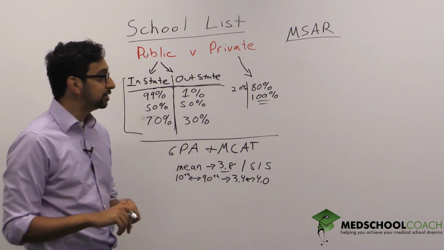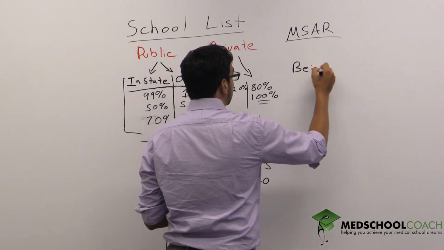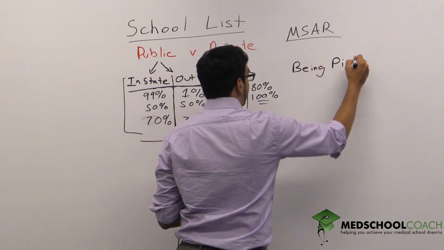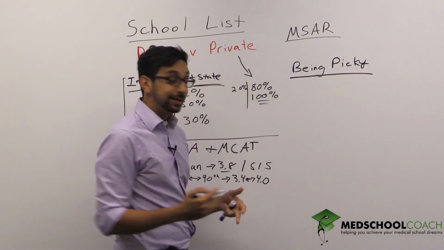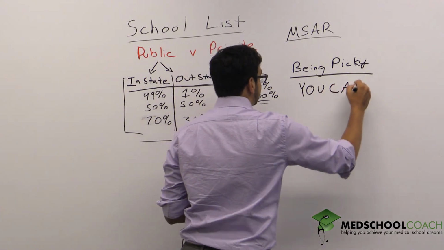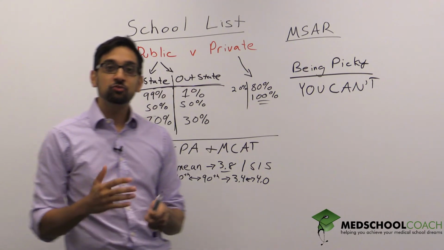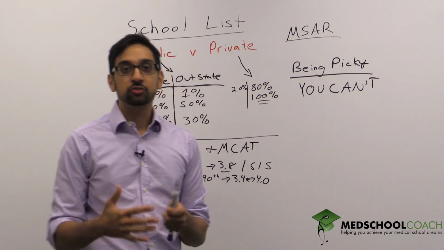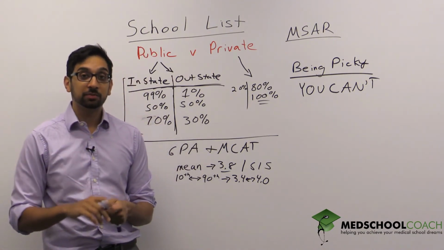And so that gets me to the point of being choosy or picky. The reality is you can't. This is the med school application process, and you really cannot be too choosy or too picky when it comes time to deciding where you want to go or even where you want to apply.